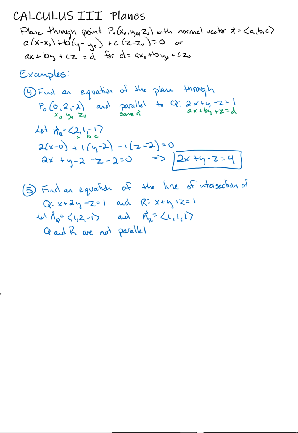Now, I've got to find this whole line of intersection, but to start with, let's figure out what a point of intersection is. So let me take this back to just the xy plane and see if I can find the point where they intersect. In the xy plane, I know that z is equal to 0, which means I can rewrite these equations. x + 2y = 1, and x + y = 1.